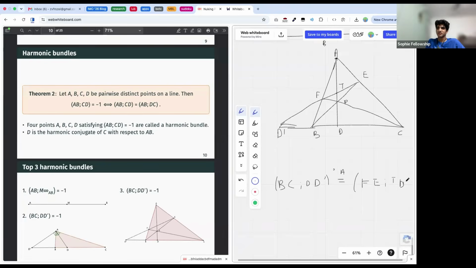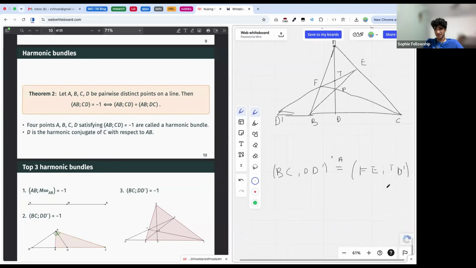So instead of proving BC DD prime is -1, we could also prove that FET D prime is -1. But that's not really extra helpful, so we can try to do more stuff, which you guys can tell me and I can do it.